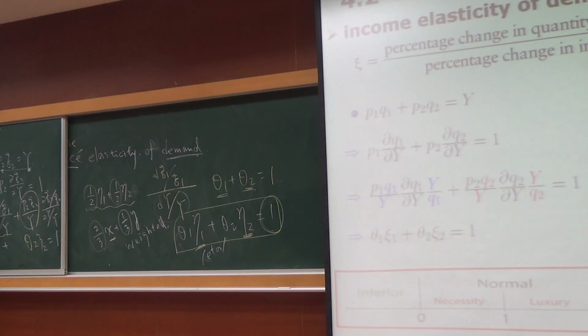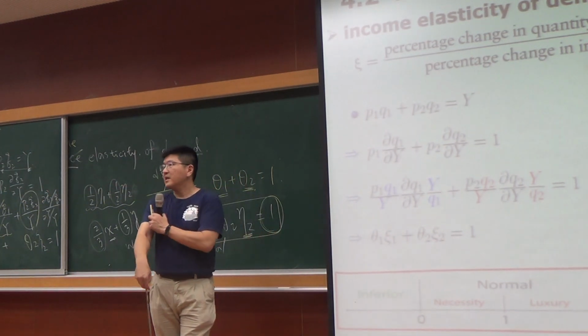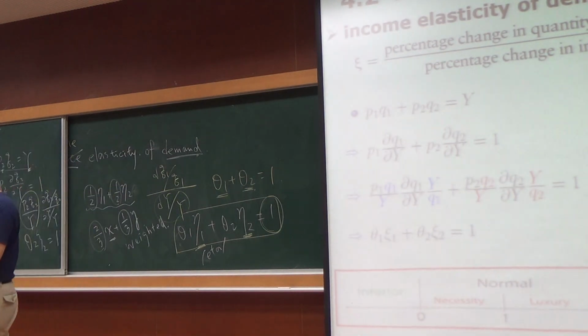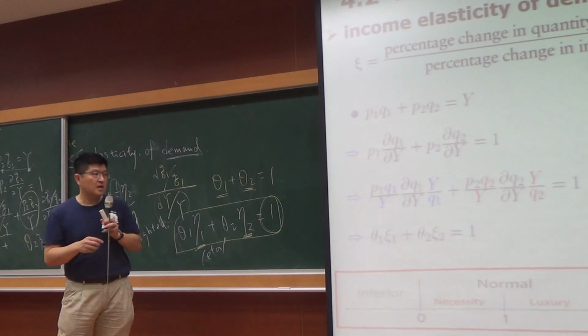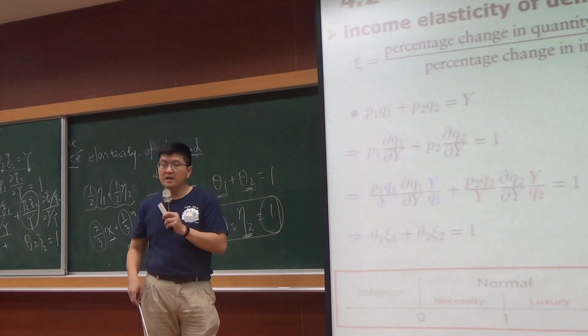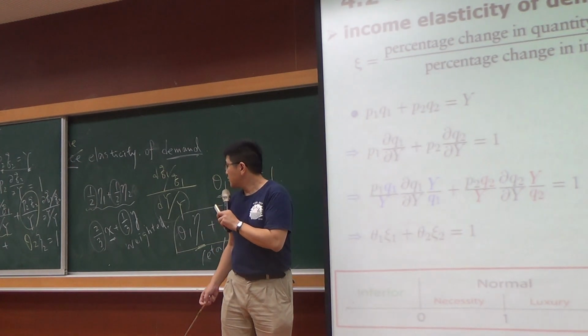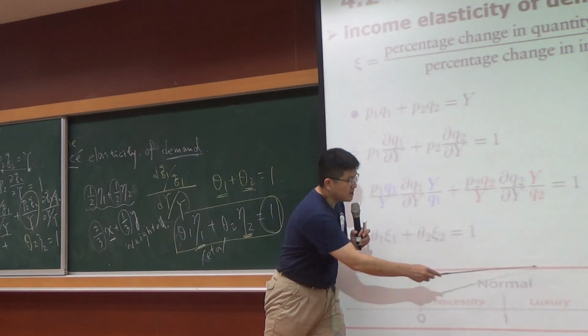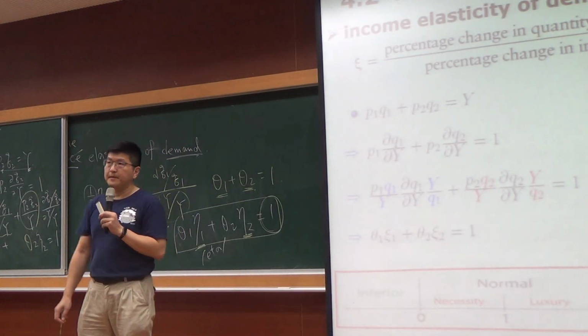So when your income elasticity is negative, it must be an inferior good. The more income you have, the less quantity demanded you get. Okay? And when your income elasticity is positive, then we call it a normal good.